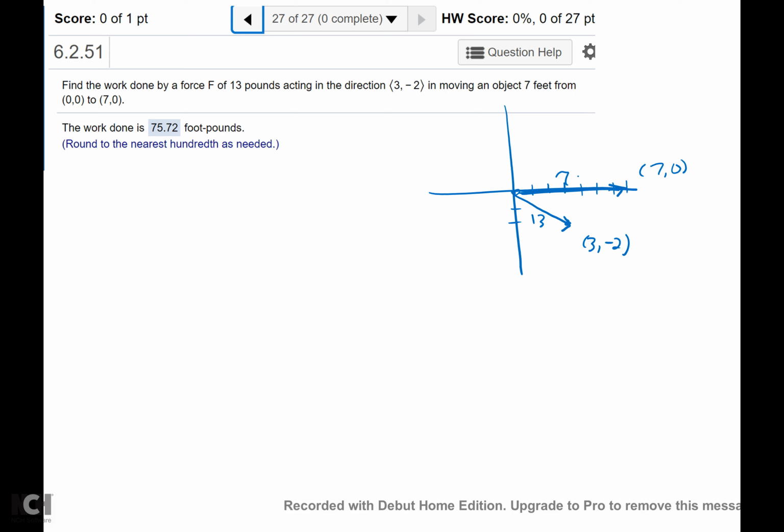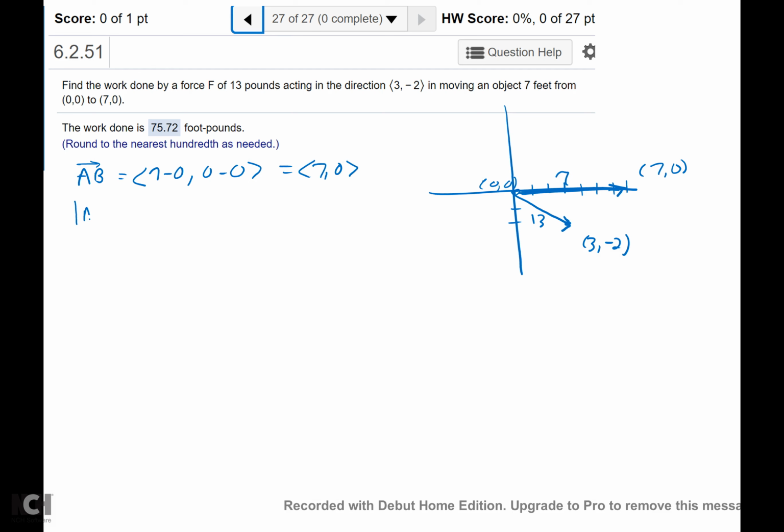You can do the math if you want to: AB would be from 7, take away 0, because this would be 0, 0. So the vector components would be 7 minus 0 and 0 minus 0, which would be 7, 0.